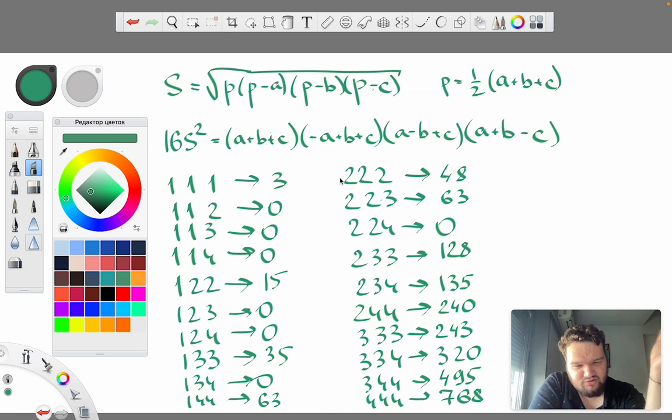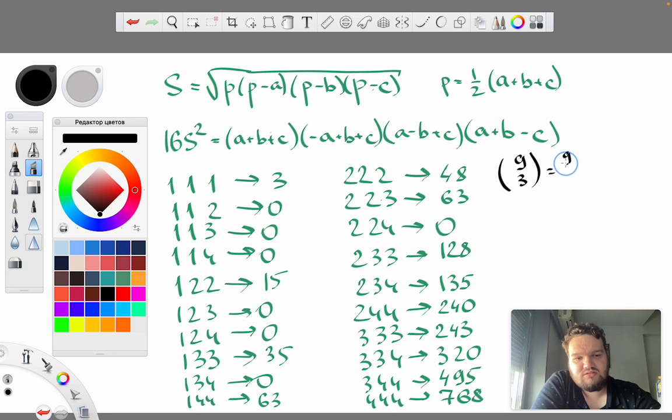The only issue is that I don't want to do the linear search again. The number of triplets on the 9 elements that I will need to ask first is choose 3 from 9. So that's 9 times 8 times 7 divided by 1, 2, 3, and that's 84.